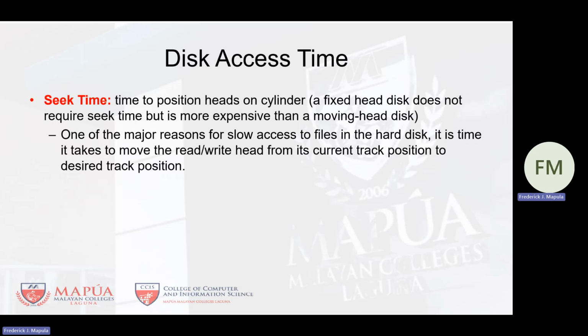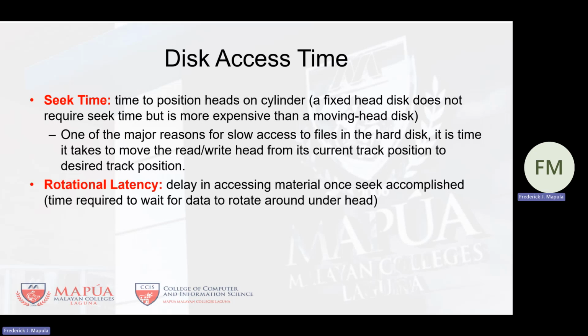One of the major reasons for slow access to files in the hard drive or hard disk is the time it takes to move the read-write head from its current track position to the desired track position. Then we have latency, the time between the stimulation and the response.